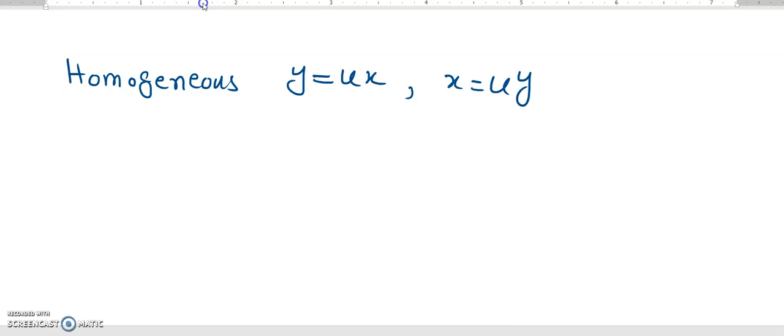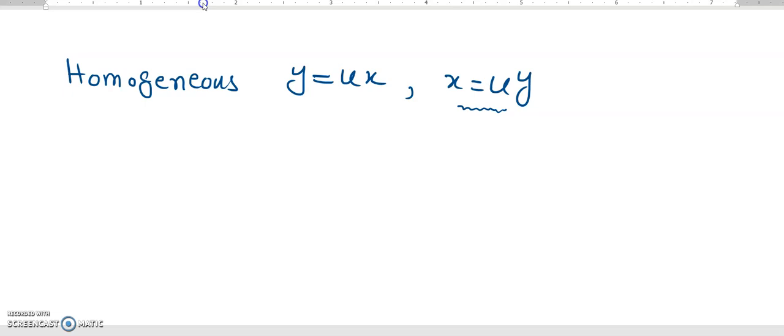Sometimes the second substitution can be used if the expression becomes difficult with y is equal to ux. Okay, so x is equal to uy substitution can be used, and accordingly this equation can be modified for their differentials.